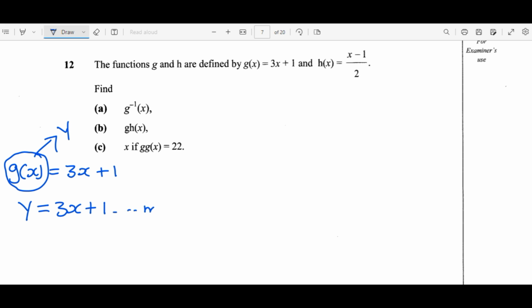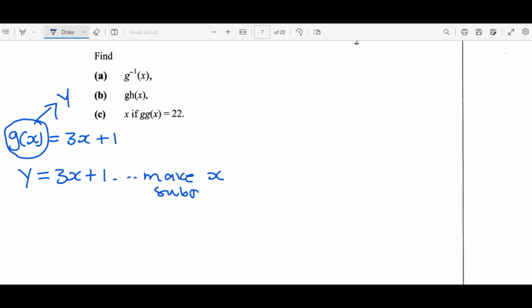Then after that, make x the subject of the formula. So 3x plus 1 is equal to y. I've just rearranged so that any term without x is shifted to one side. So this one will go to the right side, giving us 3x is equal to y minus 1.